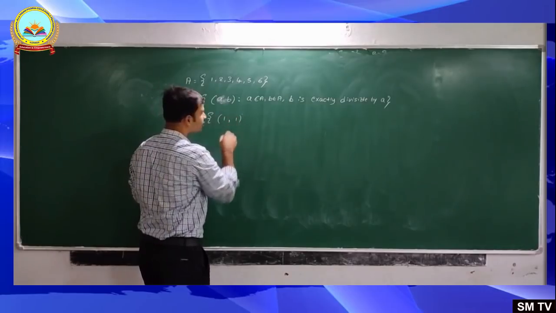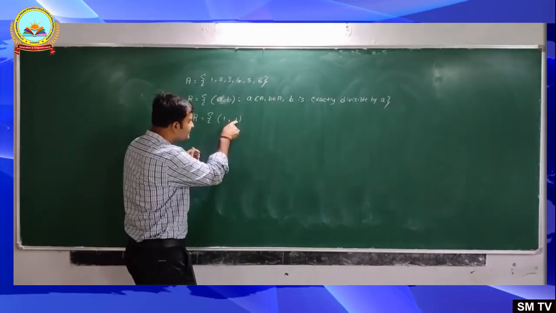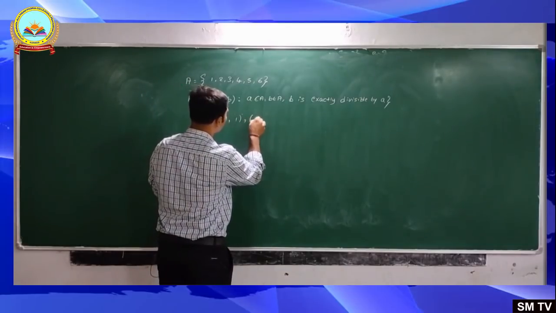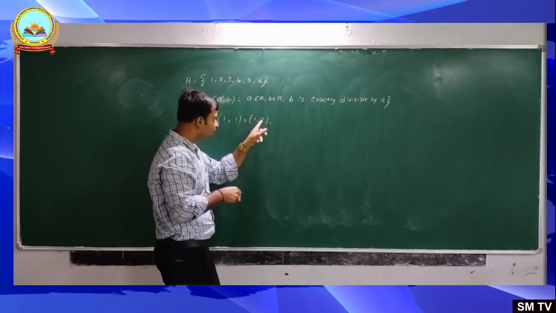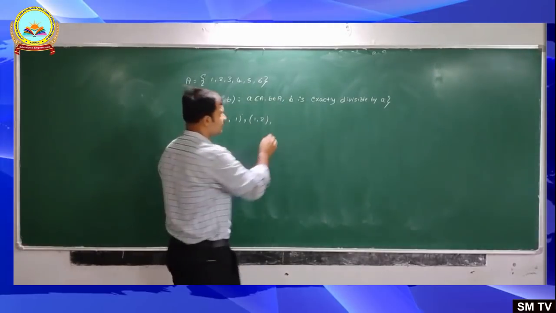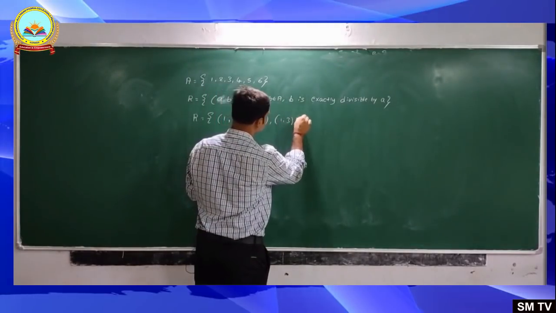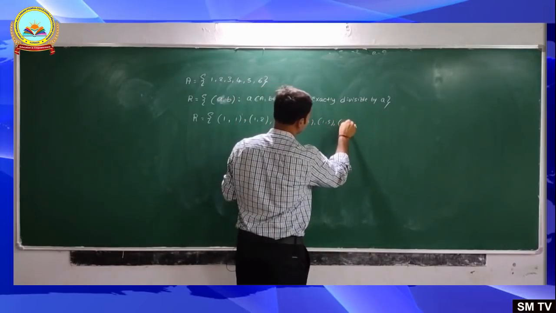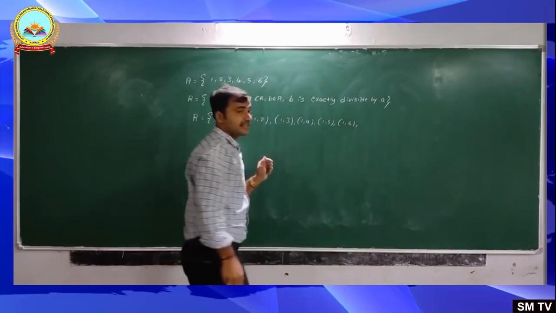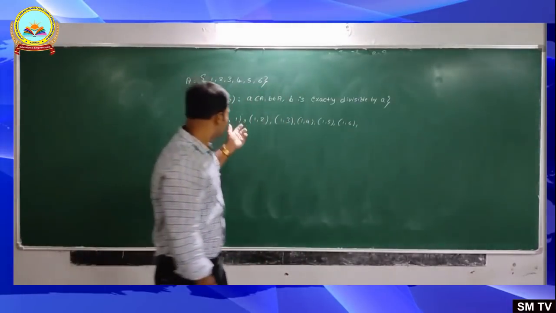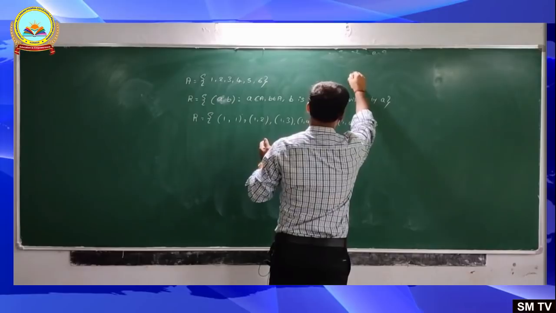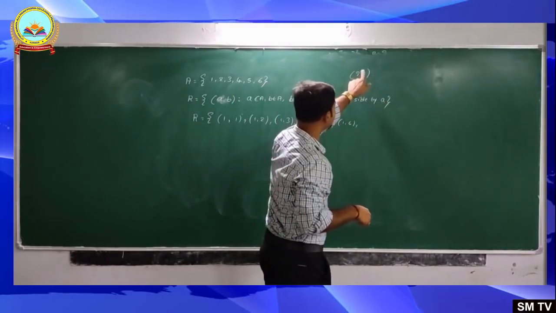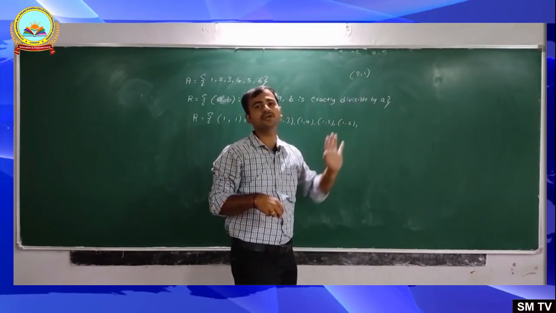So let me consider (1,1) because this 1 is exactly divisible by this 1. Next (1,2) because this 2 is divisible by 1. Next (1,3), (1,4), (1,5), (1,6). Next, if you consider (2,1), then what happens? 1 is exactly divisible by 2, which is not true.